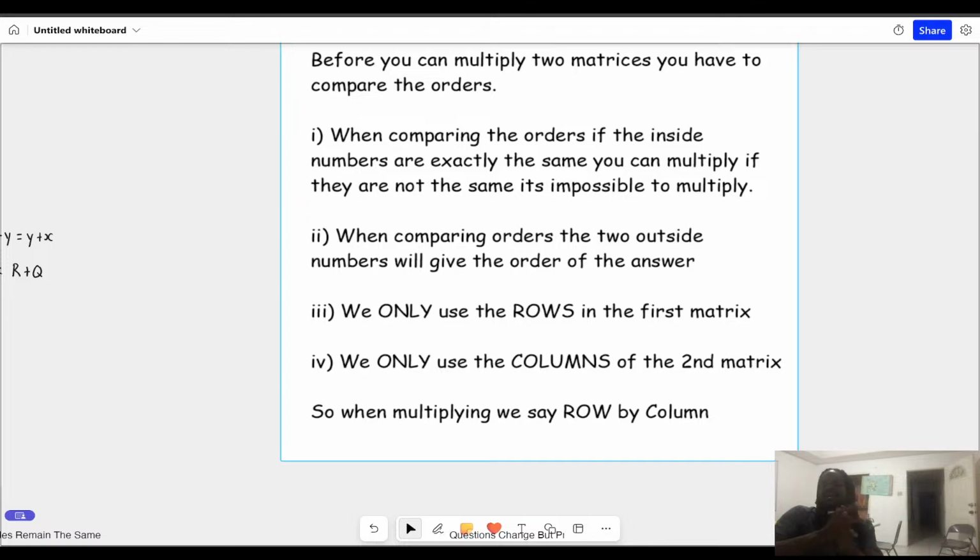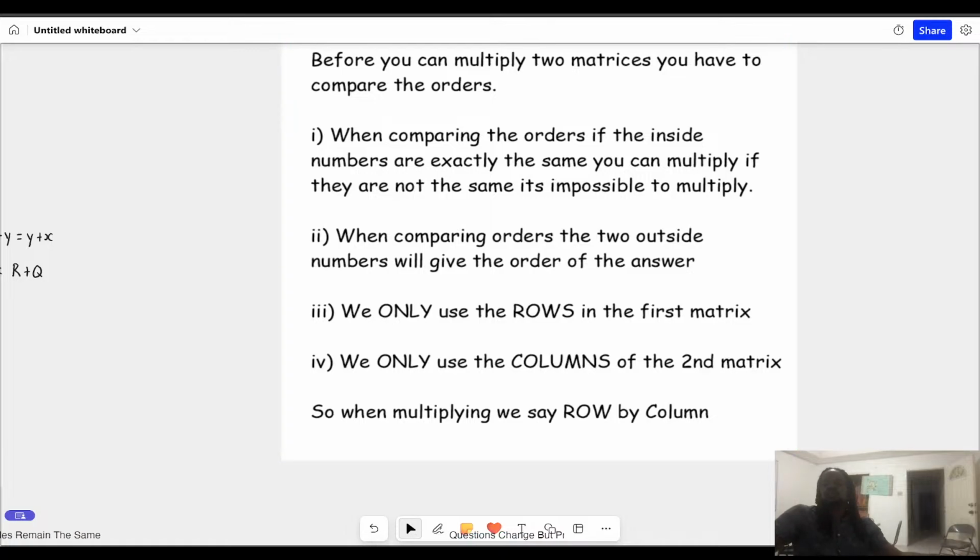Once you realize that you can multiply, the two numbers on the outside will give you the order of the answer. There are times when CSEC will ask you, what's the order of AB without multiplying? They give you two matrices to multiply, but they don't want you to actually multiply. All they want is for you to tell them the order of the answer.